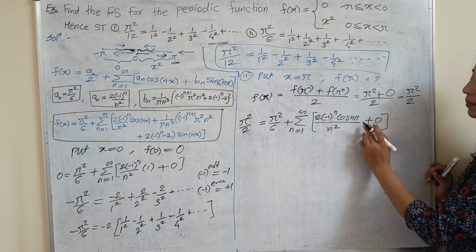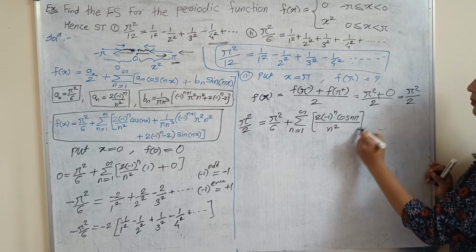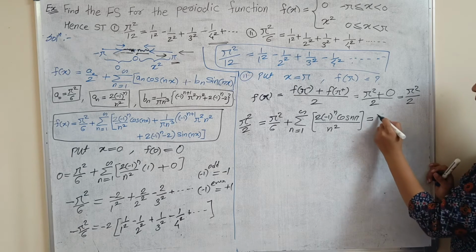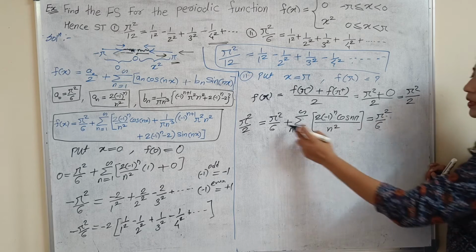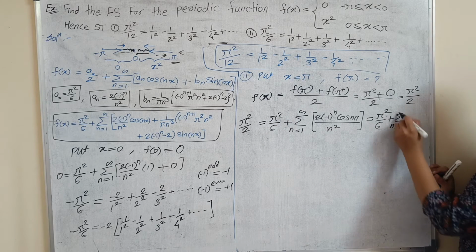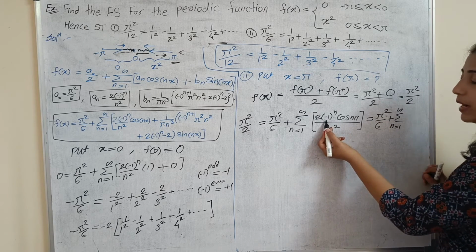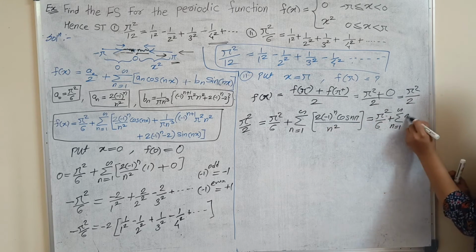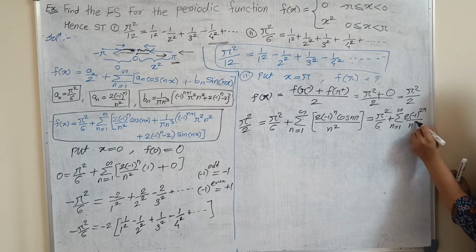So ये cos of n pi अगर minus 1 raised to the power n है, so here in the next step it is nothing but pi square by 6, first term as it is, plus summation n varies from 1 to infinity. Cos is minus 1 raised to the power n, and this minus 1 raised to the power n, so that is minus 1 raised to the power 2n upon n square.